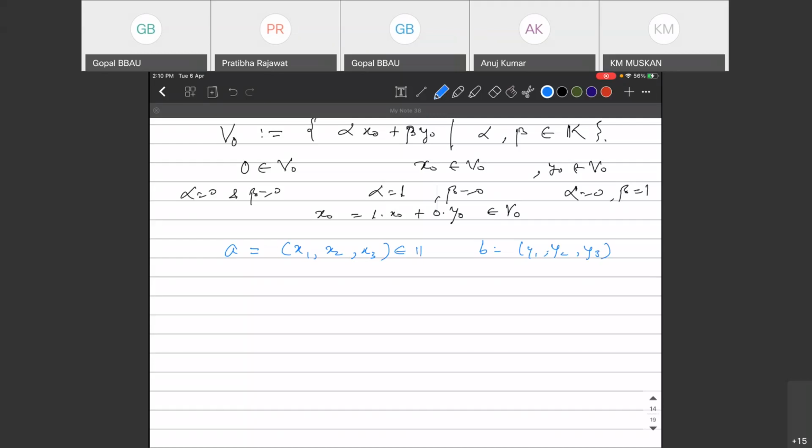These are 2 points in R3, 2 vectors in R3. And now we want to get a geometric feeling of the subspace which contains these 2 points, A and B. Can anyone tell me what are the cases for such a subspace?